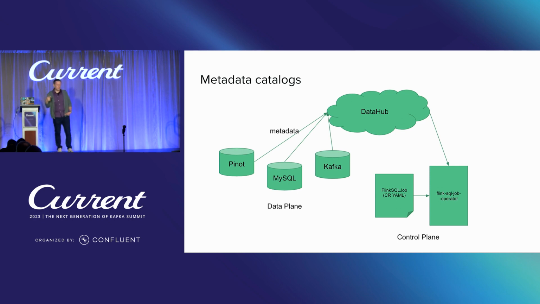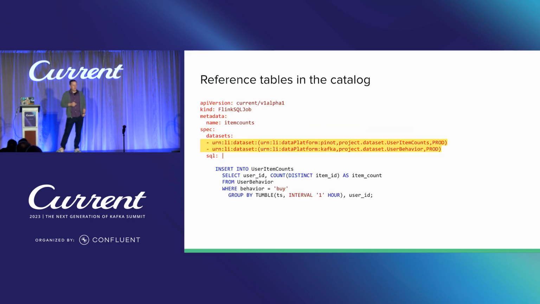And that means that our control plane, which in our case is the Flink SQL job operator, can just talk to DataHub to say, what's the schema of this table at the present moment, that sort of thing. So this means that instead of referencing Flink tables with handwritten DDL, we could just reference datasets in our Flink SQL job.